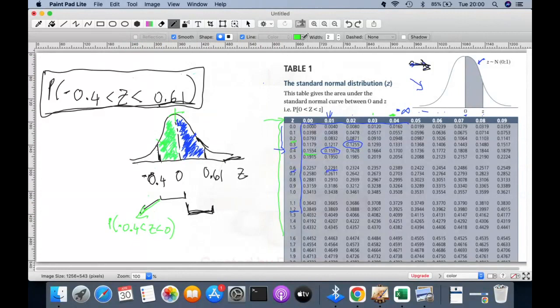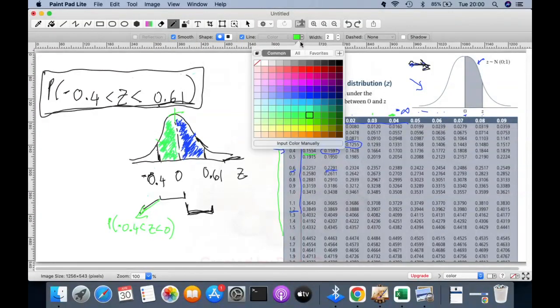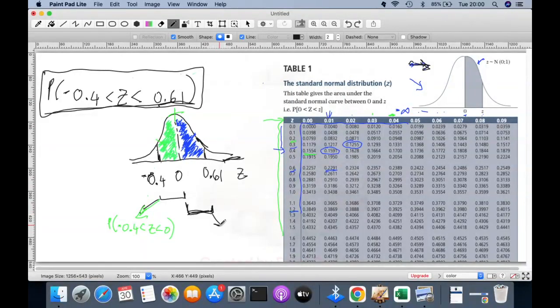Now the second part is going from 0 to positive 0.61, 0 less than z less than 0.61. I'm going to pause there just so you make sure everything's clear. Okay, so do you understand how it's broken up into two parts?